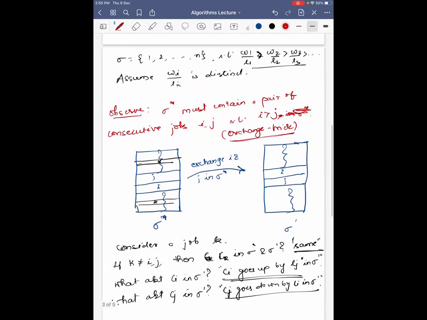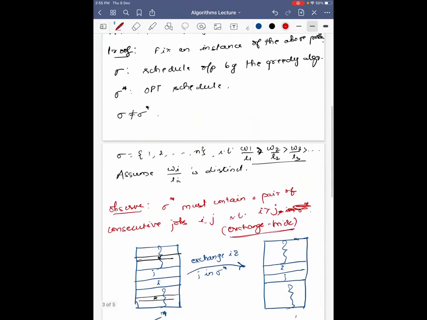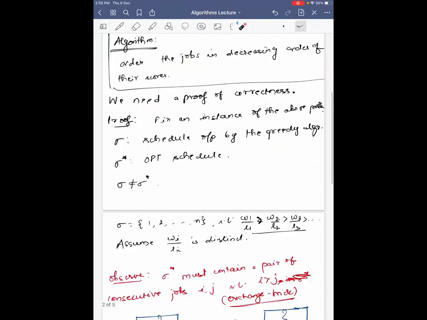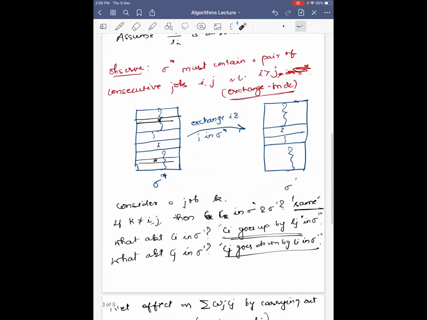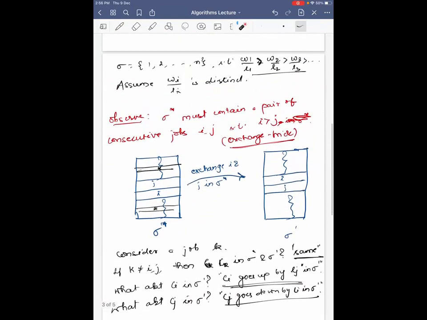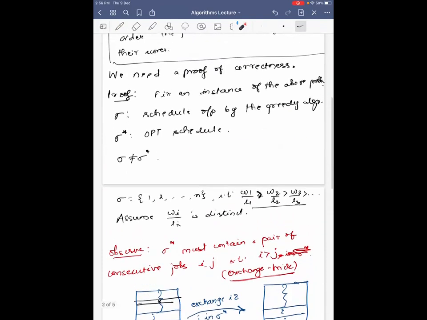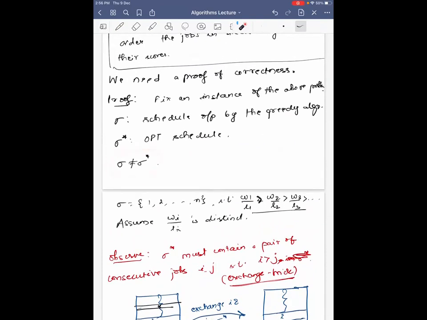Okay. So is the idea clear to everyone? What we did? Yes. Okay, so we started with this assumption, and then using this exchange trick, we were able to construct a schedule which was an improvement over the optimum schedule, which would be a contradiction because this is the optimum.